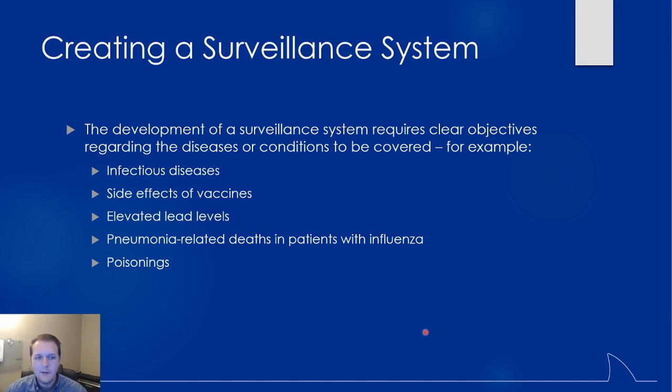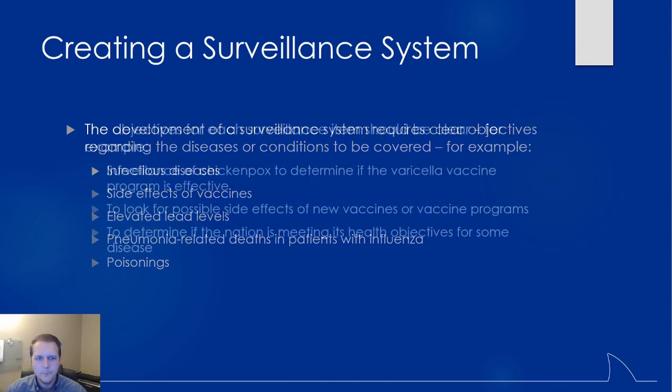It could be really anything. Obviously, I care a lot about poisons, so we look at things like new and upcoming designer drugs. When bath salts were coming about, we did a lot of epidemiologic surveillance on the incidence of bath salts. We did a lot of surveillance when we had Deepwater Horizon, the big oil spill that happened several years ago. A lot of different things could be used with surveillance mechanisms.